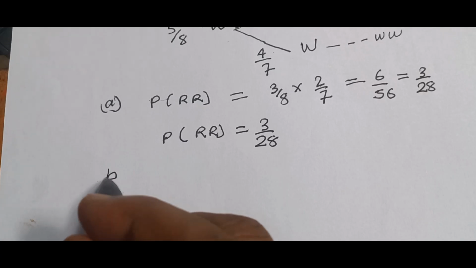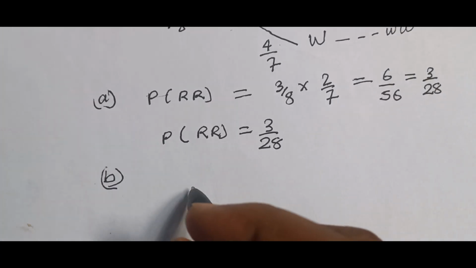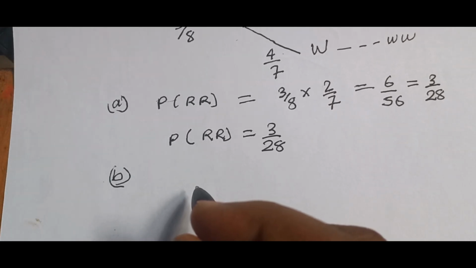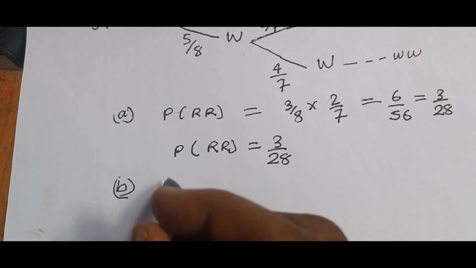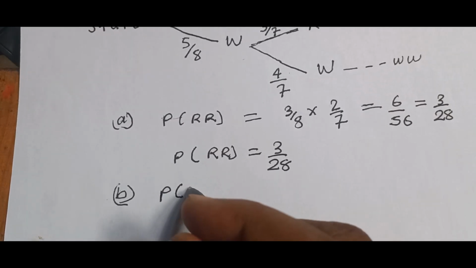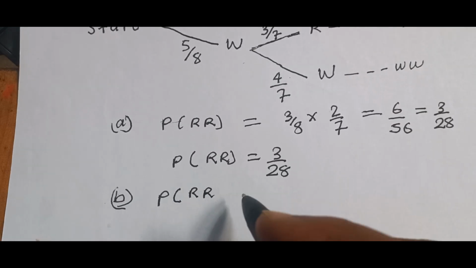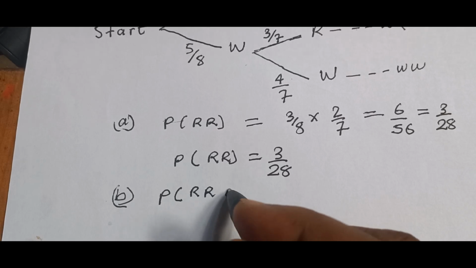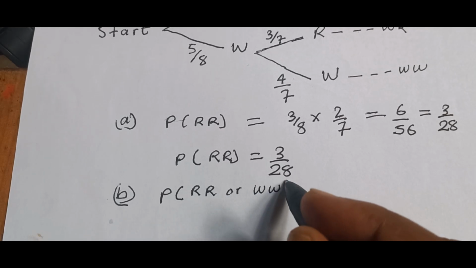Then B, we are told to find the probability that both balls are of the same color. It means we are supposed to find the probability that either both balls have red color, or both balls have white color.